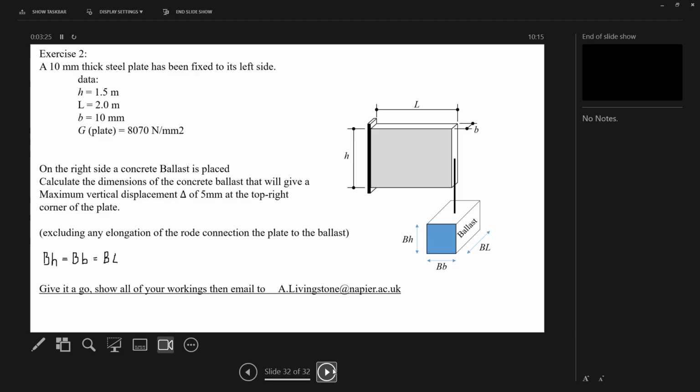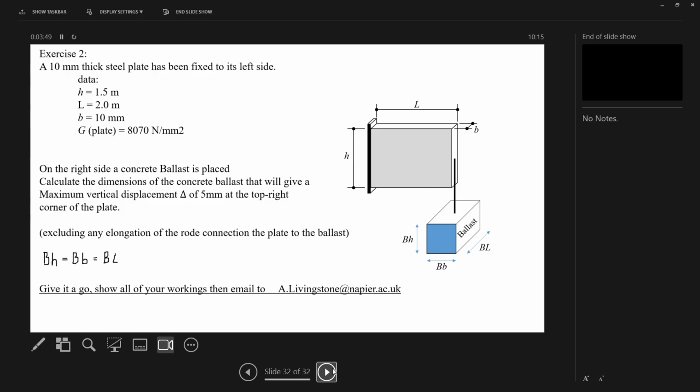Calculate the dimensions of the concrete ballast that will give a vertical displacement of 5mm at the top right. It's a weird question, but please do it. So you want to calculate the size of that ballast. It's going to be like the volume, right?